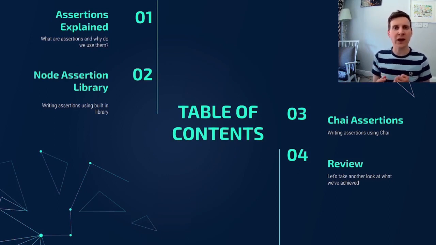Secondly, we're going to look at 2 separate ways we can write our assertions. First up, we'll look at using the built-in Node.js library for creating assertions. And after that, we'll look at using Chai, an assertion library popular in Node.js. Finally, we'll do a recap of everything we've learned about assertions.